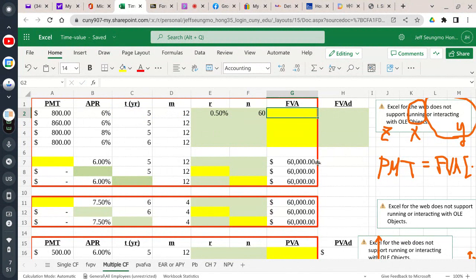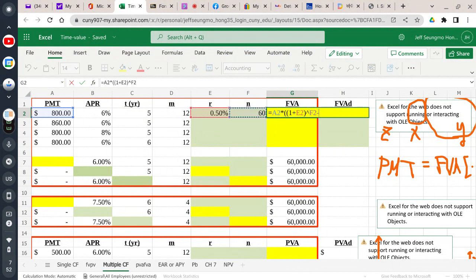Okay, and then using the formula, future value of annuity is payment times open parenthesis, open another parenthesis, because there's an outer bracket and an inner bracket: 1 plus r raised to 60, minus 1.